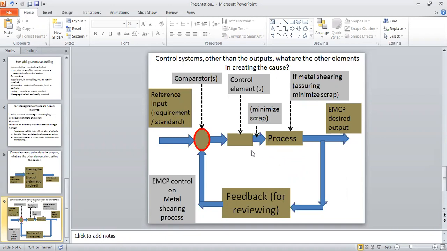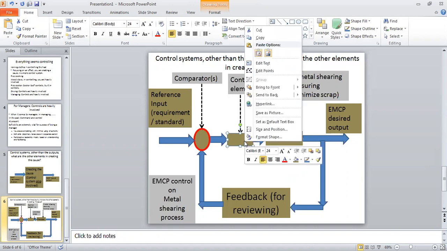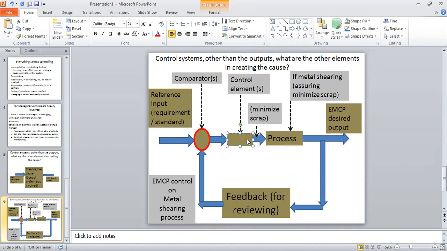So here, instead of leaving this blank, it's good to write something. Control elements. There can be one or there can be more.